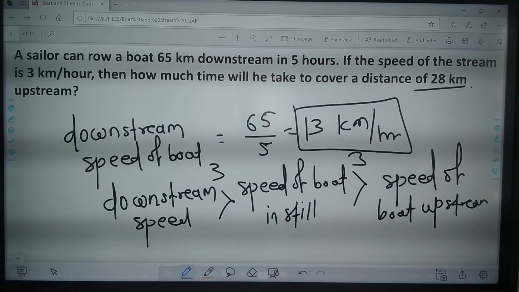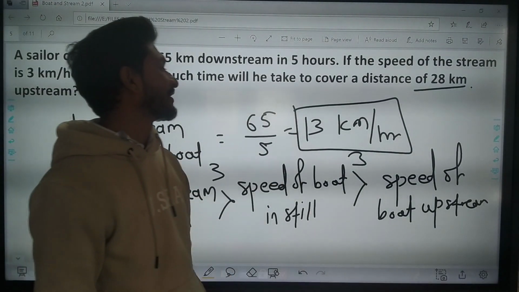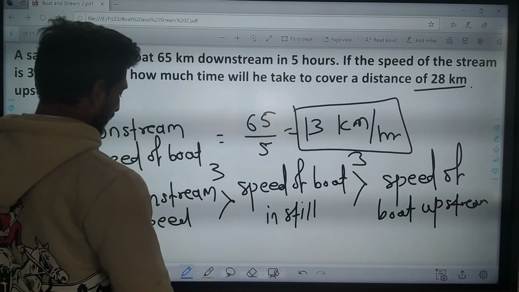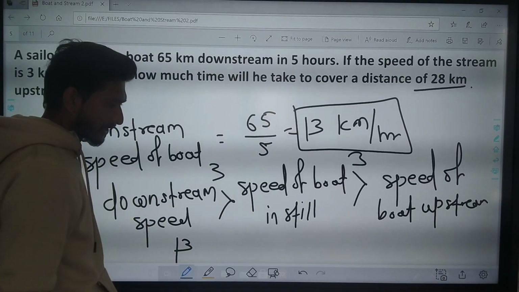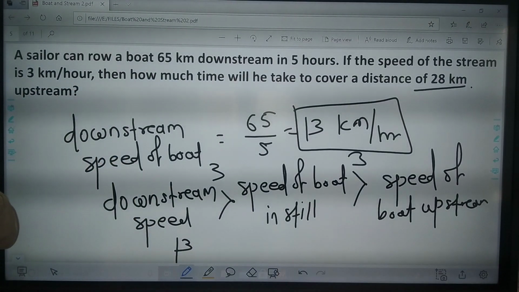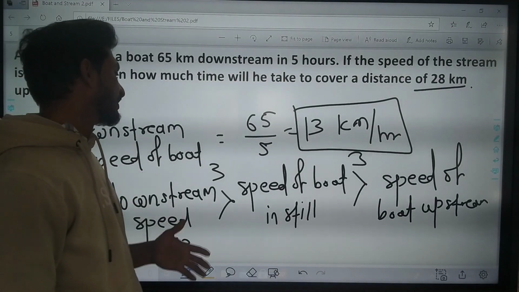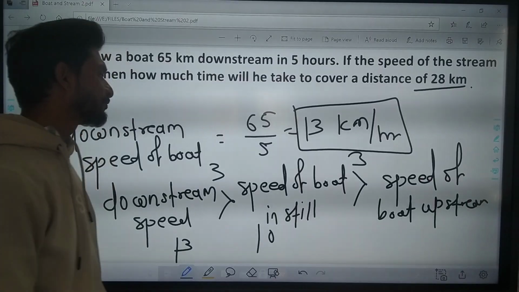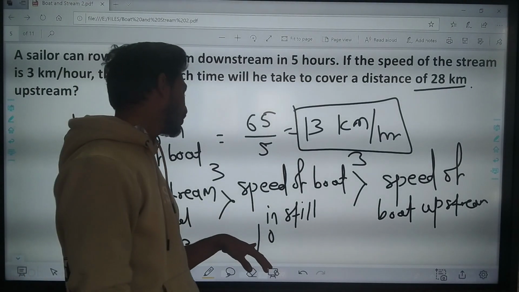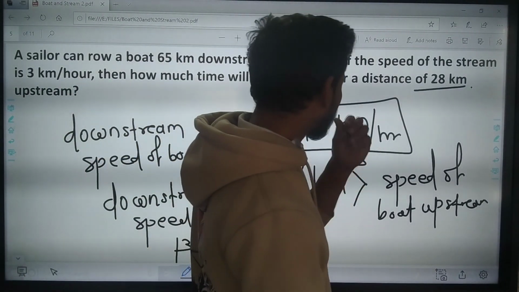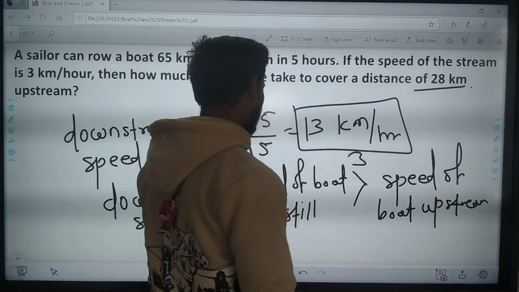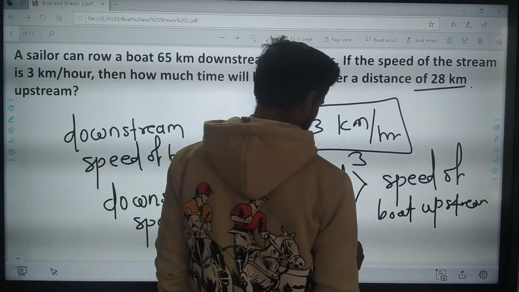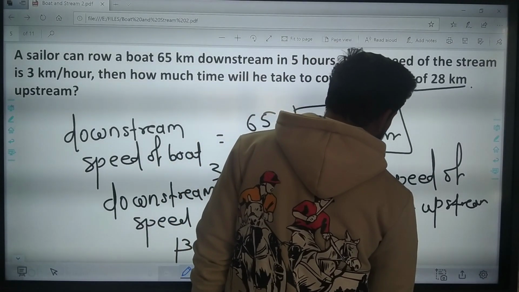Now here your downstream speed is 13 km per hour. We find the speed of the boat in still water: 13 minus 3 is 10. If the speed of the boat in still water is 10 km per hour, then the speed of the boat upstream is 10 minus 3, which is 7.